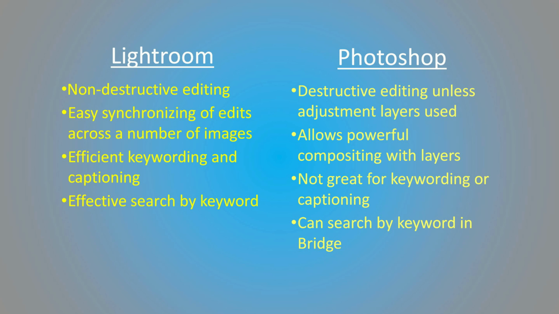So once you've done that keywording and captioning within Lightroom, it has a function whereby you can then effectively search for any image that has a particular keyword in it, and that's not such an easy thing to do within Photoshop, although there may be some capability for that in Bridge, although I've never tried that myself.